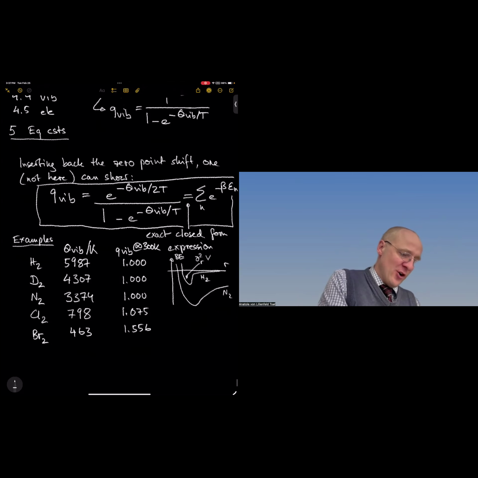Just for comparison, your Q rot at that temperature was on the order of 10, and the Q tra was on the order of 10 to the 30.